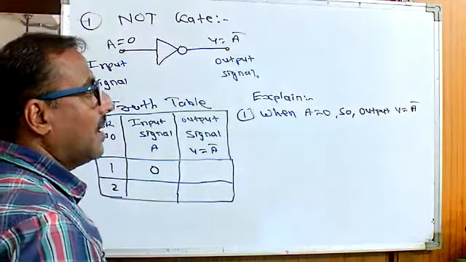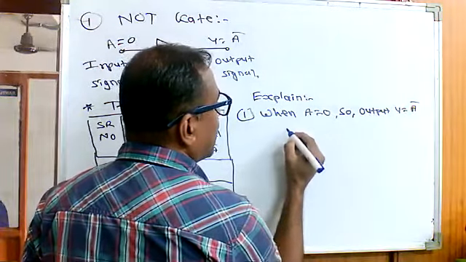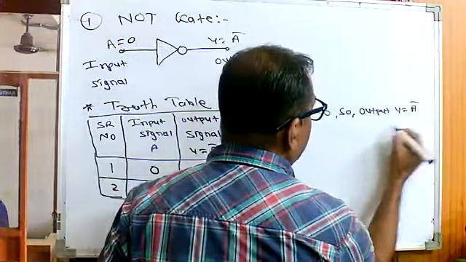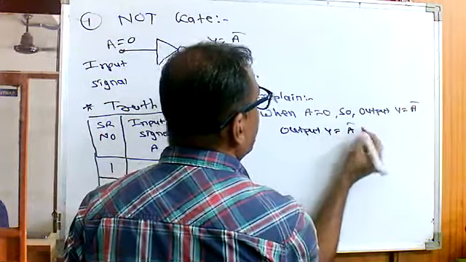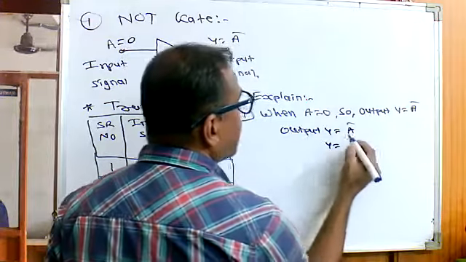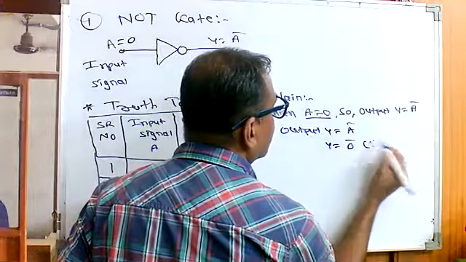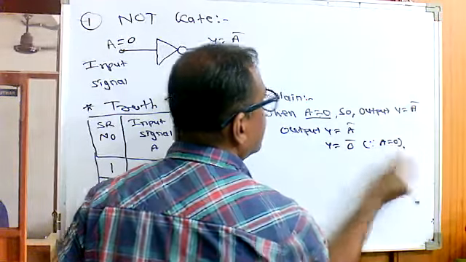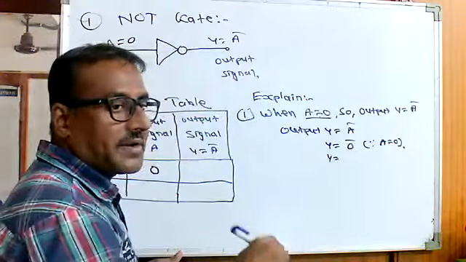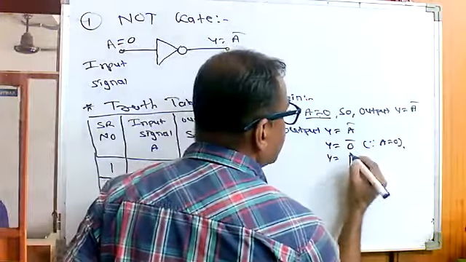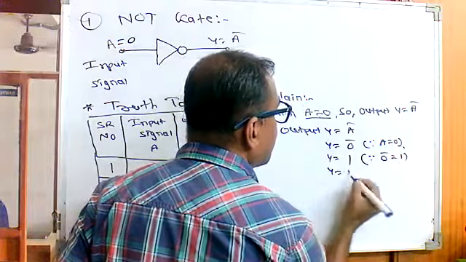Applying A is equal to 0, Y is equal to 0 bar, the complement of 0. 0 complement is 1, so Y is equal to 1.